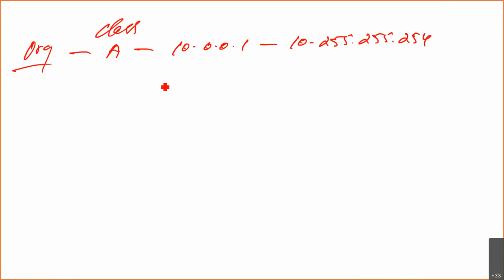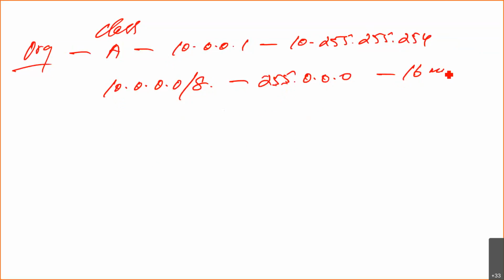So my address space is 10.0.0.0/8, and the subnet mask is 255.0.0.0. If I use this full address, I will get nearly 16 million IP addresses, so I can connect 16 million machines here.